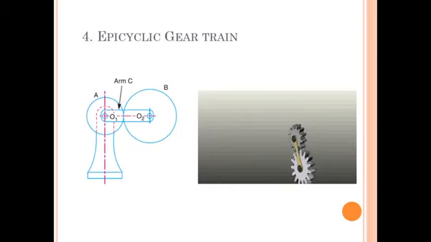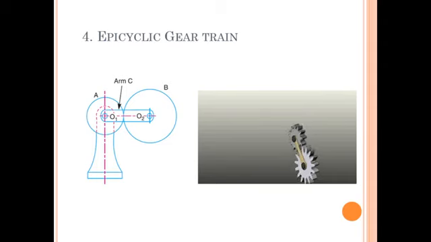Next is the epicyclic gear train. In an epicyclic gear train, such a kind of arrangement is there, that is, gear A is in mesh with gear B, but gears A and B are connected by one arm, that is, the two axes of gears A and B, that is O1 and O2, are connected by one arm.